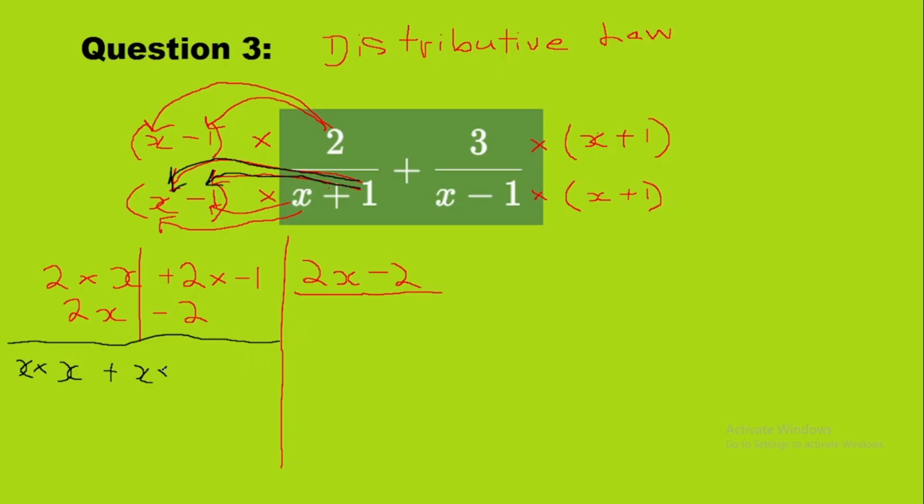So x times x will give you x squared, and x times negative 1 would give you negative x.